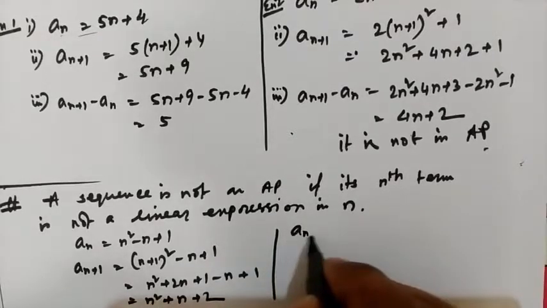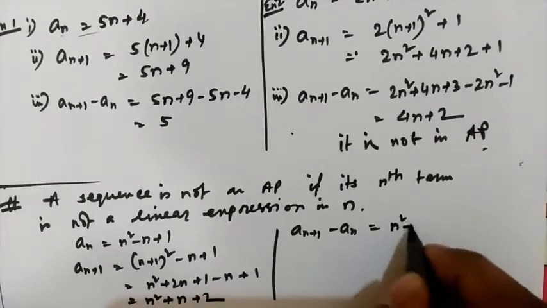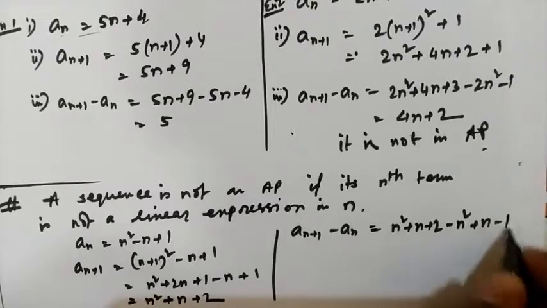So a n plus 1 minus a n, what will be the value? n square plus n plus 2 minus n square plus n minus 1.